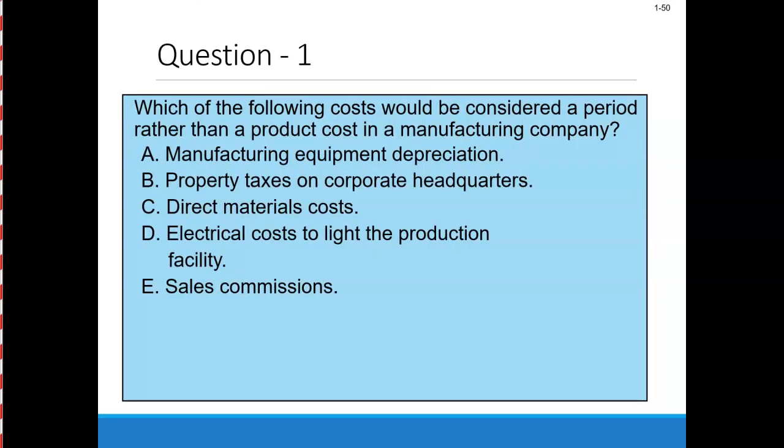So which of the following costs would be considered a period rather than a product cost in a manufacturing company? Manufacturing equipment depreciation, property taxes on corporate headquarters, direct material costs, electricity costs to light the production facility, sales commissions. Any ideas?